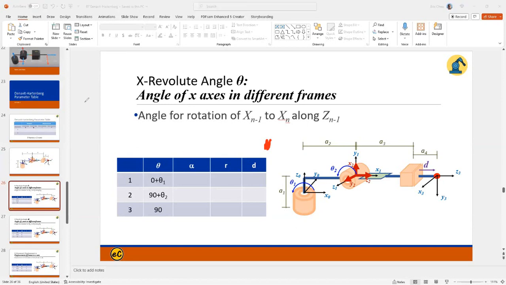First is theta, the angle that rotates along z n minus 1, the rotation from x n minus 1 toward x n. X n is in this direction.